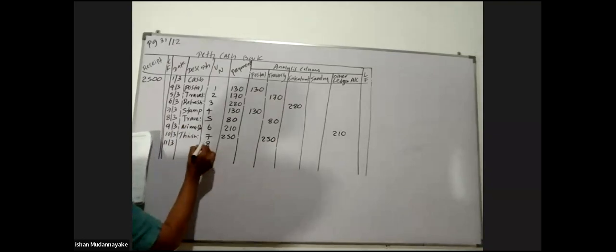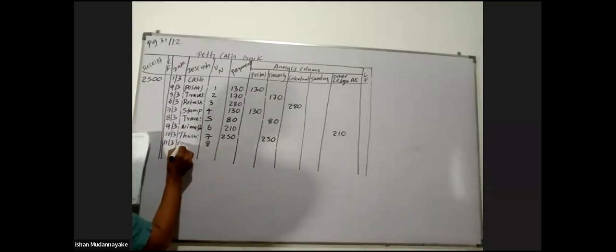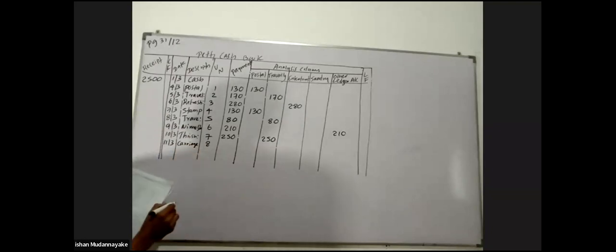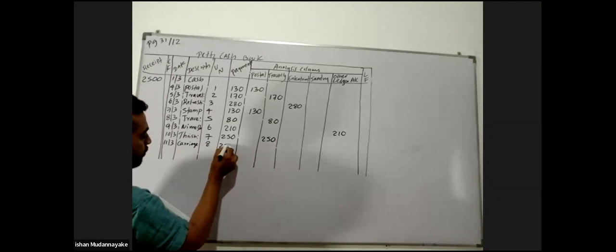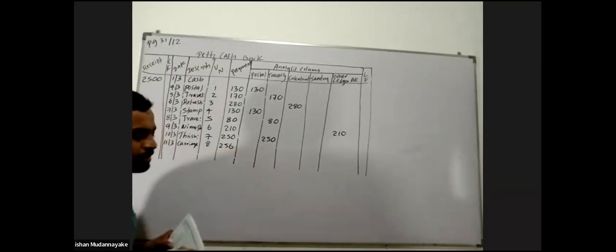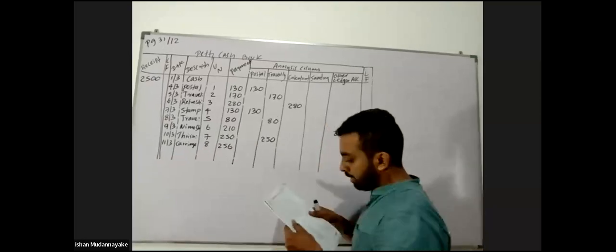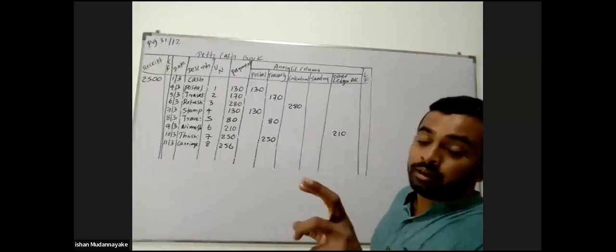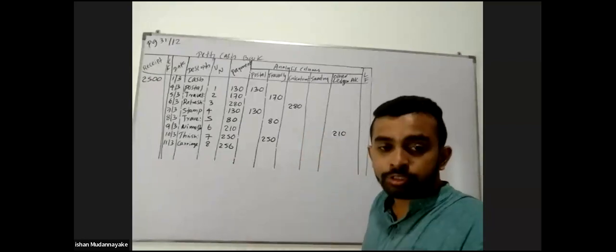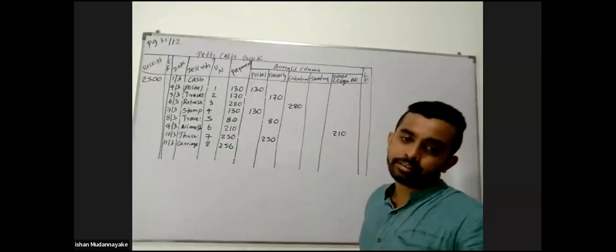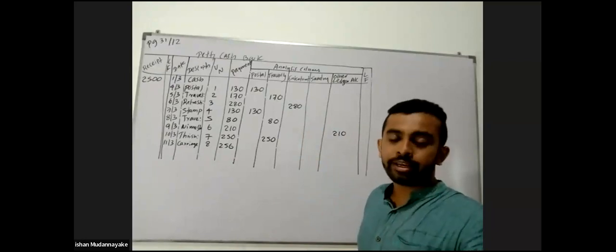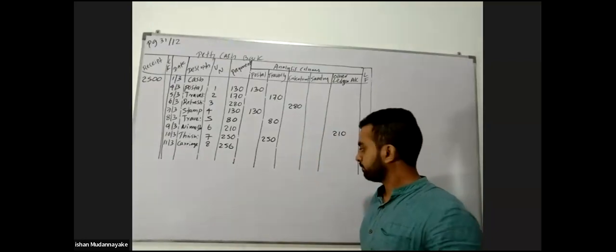11 March, voucher number 8. Carriage inward expenses. Ramai, what do you mean by carriage inward expenses? 256 carriage inward expenses. Carriage inward expenses means stock transportation charges, inventory transportation charges.